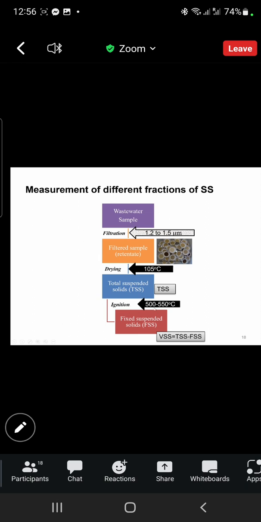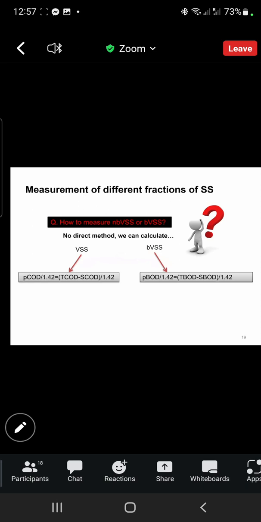At maybe 500 or 550 degrees Celsius, volatile solids will be volatilized because they're volatile, so you're left with fixed solids. Then if you simply do TS minus your FS, your total solids minus fixed solids, you can get your volatile solids. So just pretend you don't have the suspended part here. Just say VS is equal to TS minus FS. That's probably it.